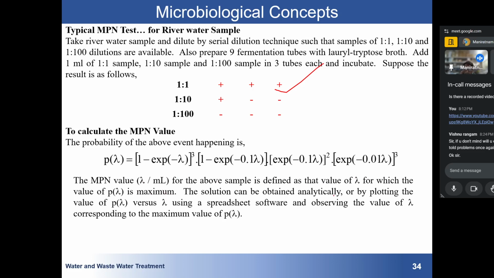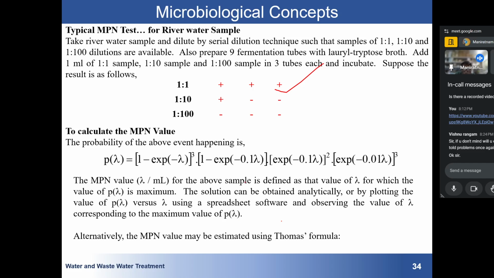The solution can be obtained analytically or by plotting the value of P(lambda) versus lambda using spreadsheet software and observing the lambda corresponding to the maximum value of P(lambda). One way is to take the derivative of this with respect to lambda and set it to 0, but that will be a little challenging. So what we do is use some software to plot the graph.